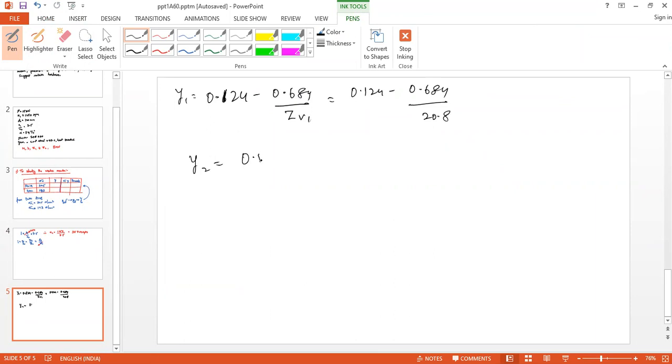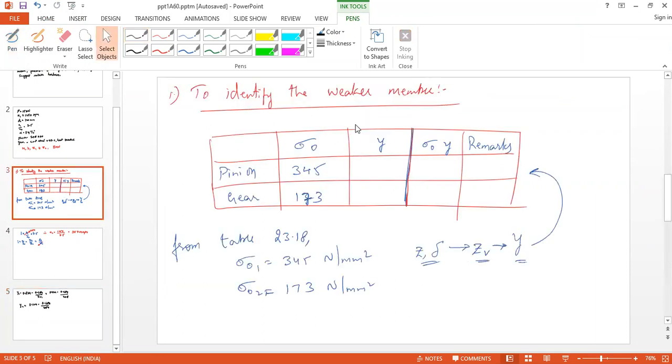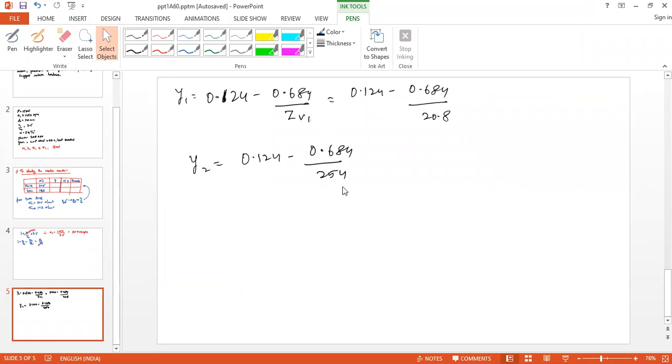And Y2 is 0.124 minus 0.684 by 254. So what is the value of Y1 and Y2?